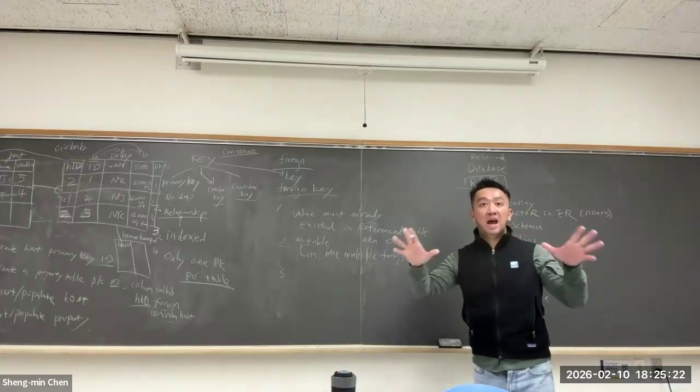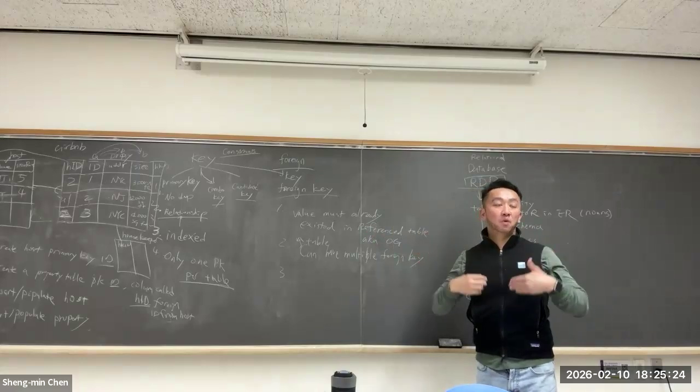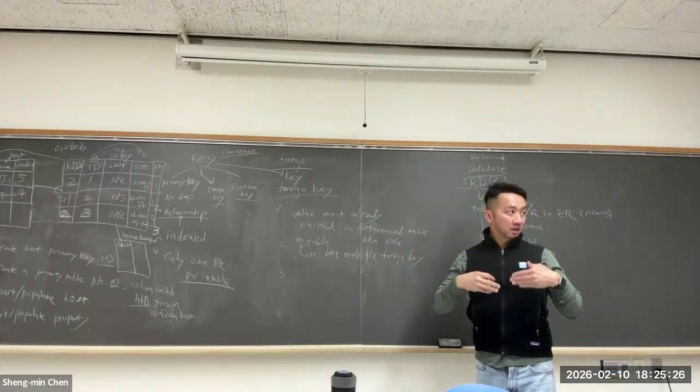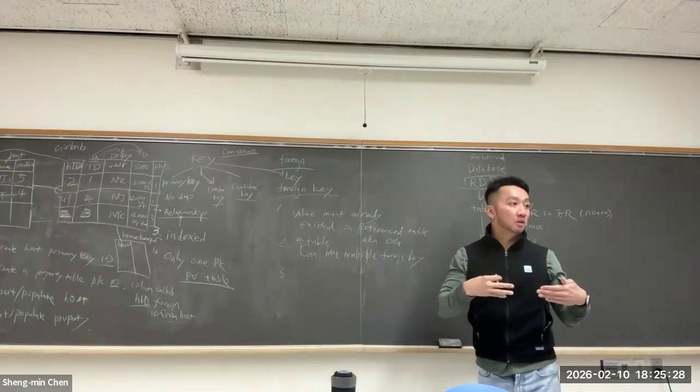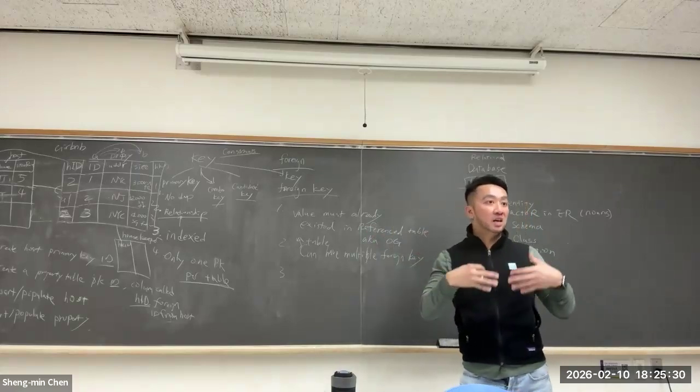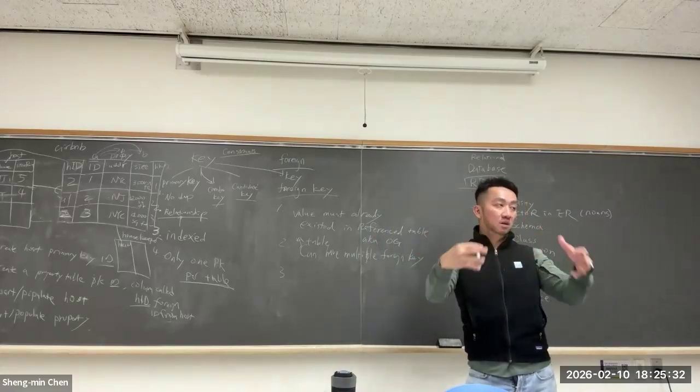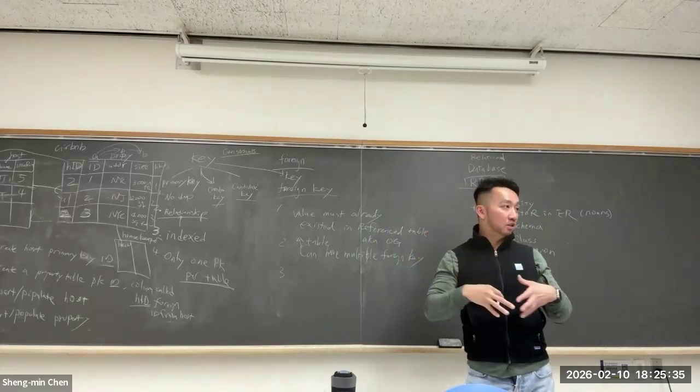They need to be an exact match. If I'm referencing another table's primary key, I'm getting exactly the primary key, exactly what it looks like, and the values have to be all the same.